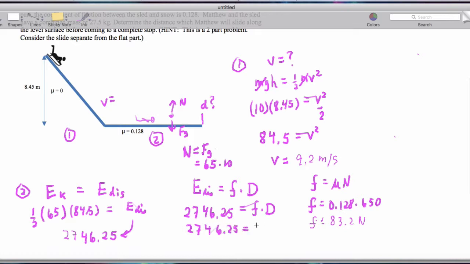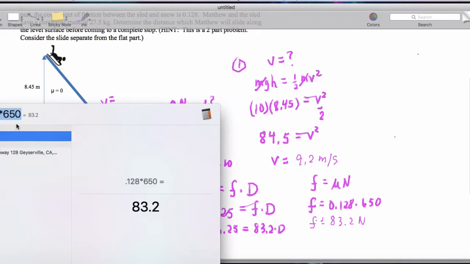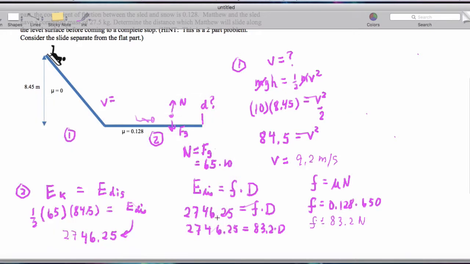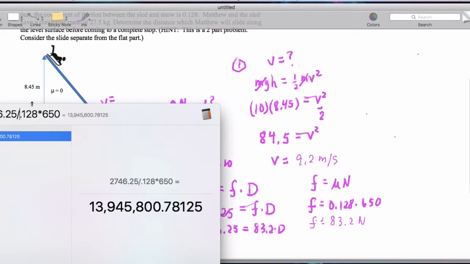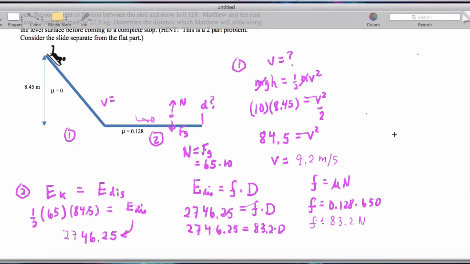It's going to equal 83.2 times the distance. Ooh, we're going to slide for a while, aren't we? So that's given us 33 meters. Wow. That's not bad, a third of a football field, 33 meters.